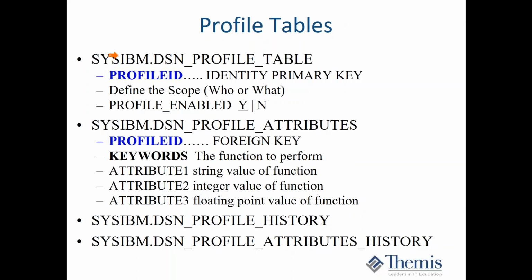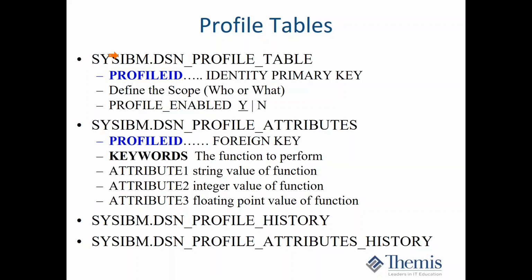And then there's an entry in there, profile enabled. You will enable it, yes. Now, if you want to go back and disable it, you just update the row and make profile enabled no and reload the profile table, and it's turned off. So you can turn it on and off with the enable column.